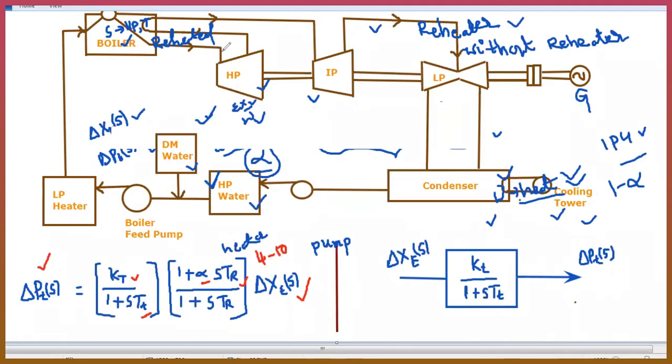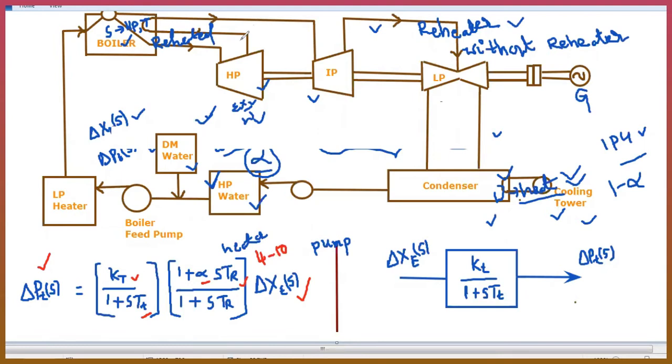After useful work is done in the high pressure turbine, the steam goes back to the boiler, heat and pressure are increased, and it then comes to the intermediate pressure turbine. It takes a certain time because the steam comes to the boiler and enters the intermediate pressure turbine.